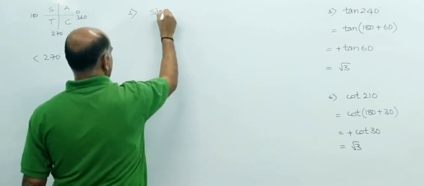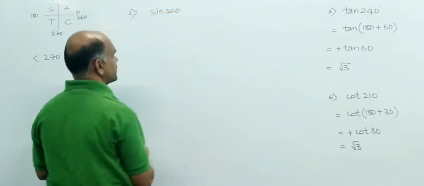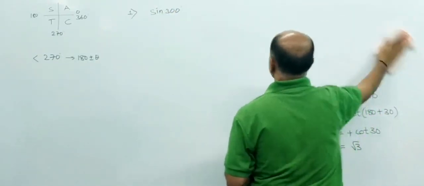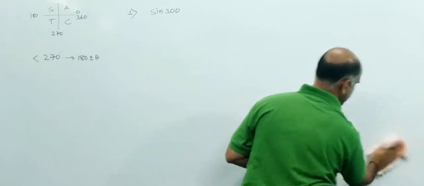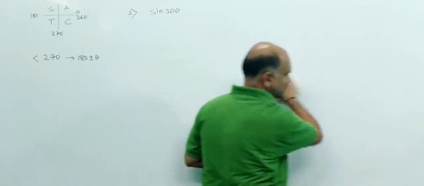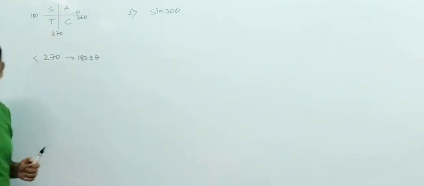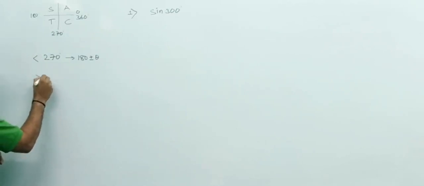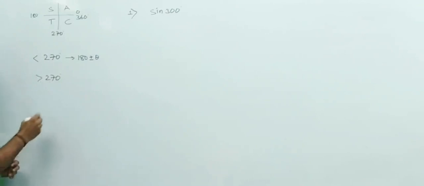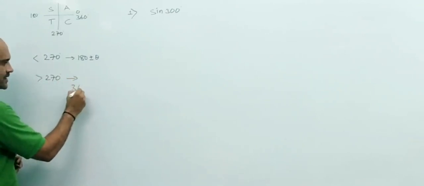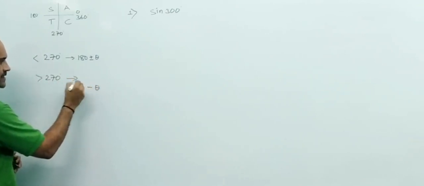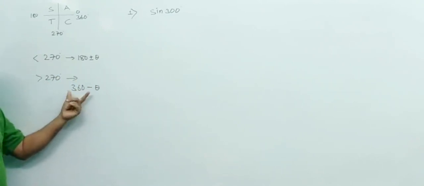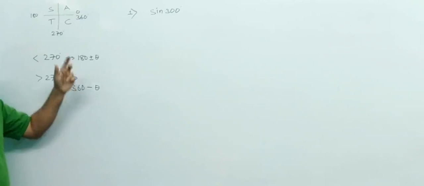Sine 300 degree. Now if you observe, the angle 300 is there. 300 is greater than 270. If the angle is greater than 270, write it as 360 minus, or you can say it is near to 360.